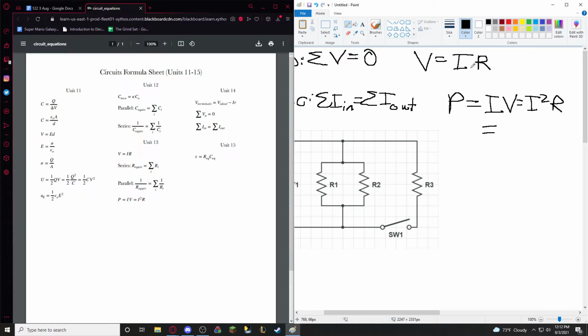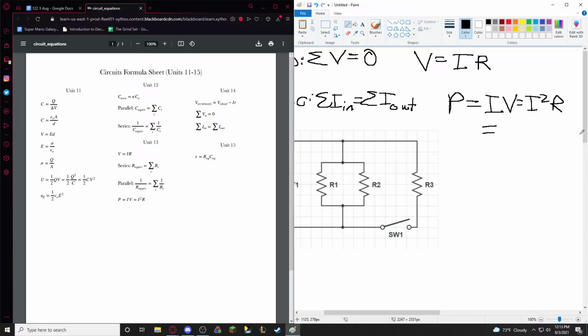Well, think of it. How could we solve for IV in terms of V and R? How do we find I in terms of V and R?